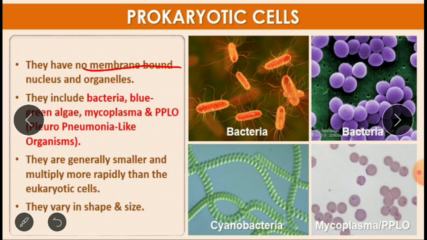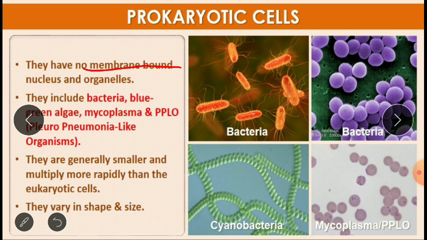In the same manner, in the cell also, there are different organs like mitochondria, Golgi apparatus, endoplasmic reticulum, nucleus. All these coordinate with each other to perform a function. So the prokaryotic cells do not have these membrane bound organelles. Their organs are not differentiated.